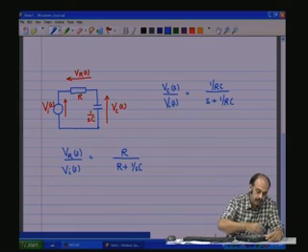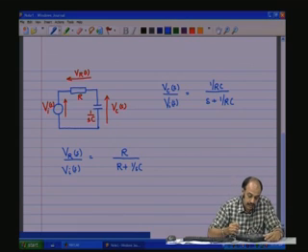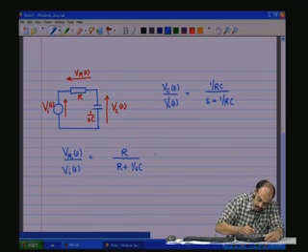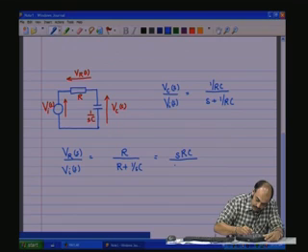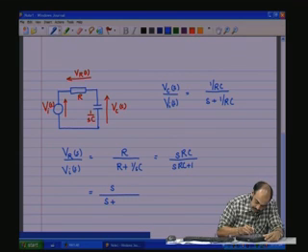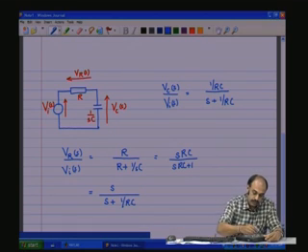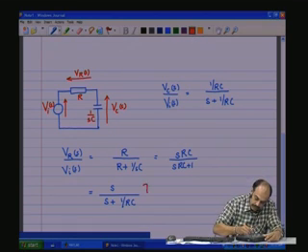So, this would be the ratio in which they divide, the resistance divided by the resistance plus the capacitive reactance. On simplification this would give sRC divided by sRC plus 1. Slight further simplification will give you s divided by s plus 1 by RC. You see, this is a slightly interesting result.